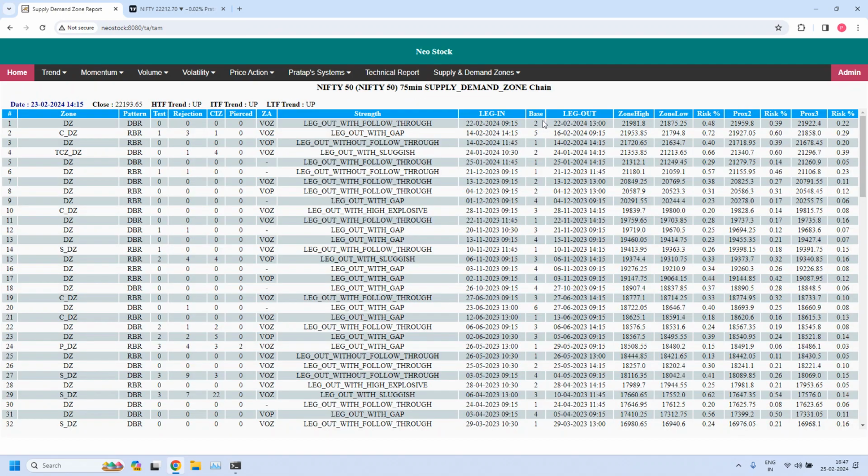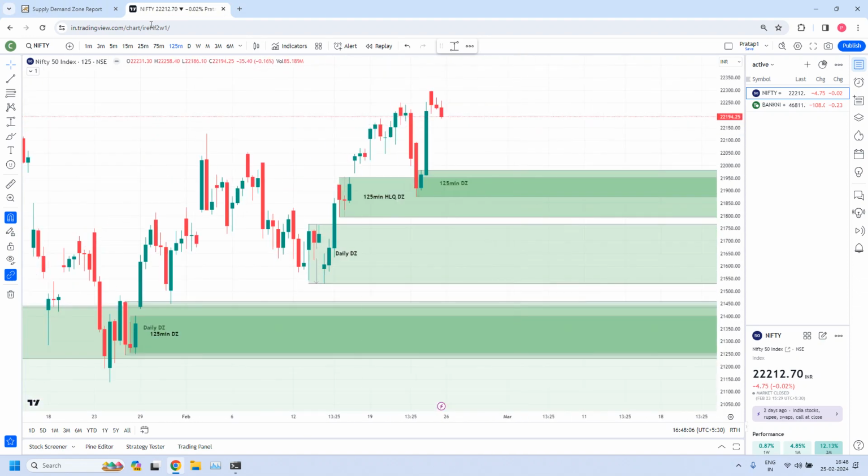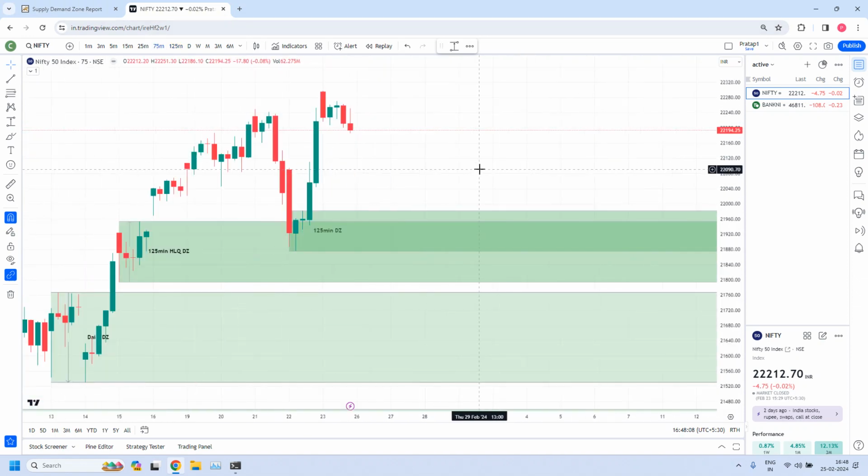So we are generating the supply demand zone chain for 75 minutes. Look here, Nifty 50, 75 minutes supply demand zone chain. What is the nearest demand zone here? At 22 February 9:15, after the two base candles. Let me change to 75 minutes.